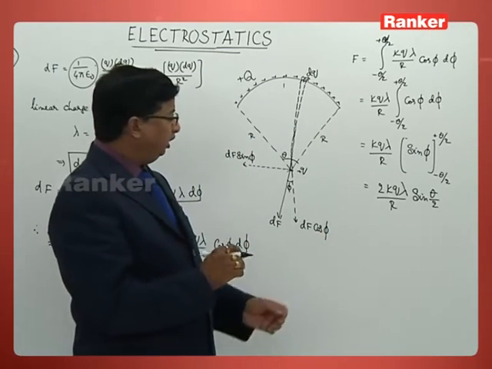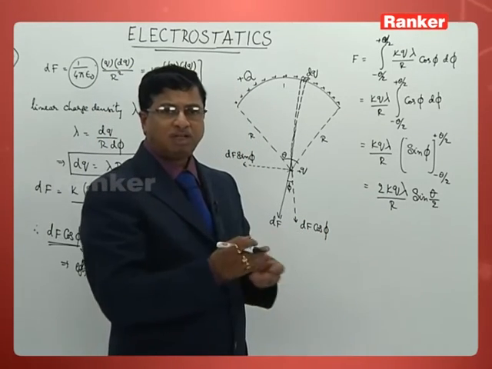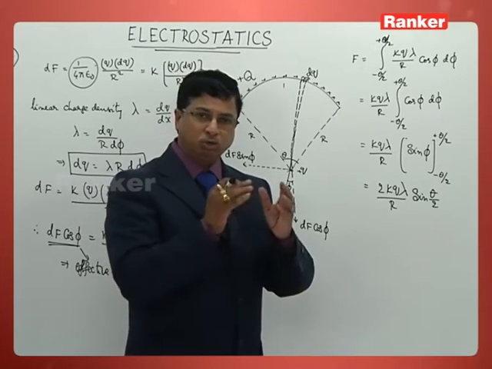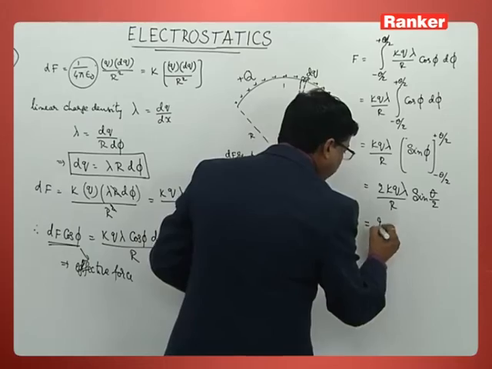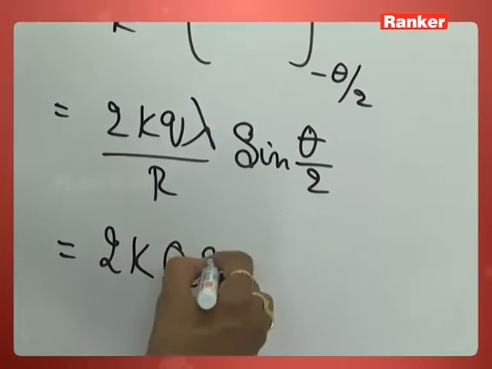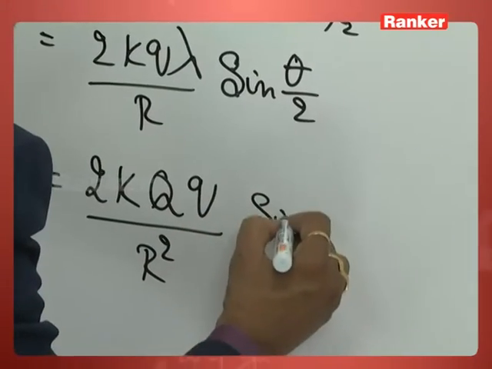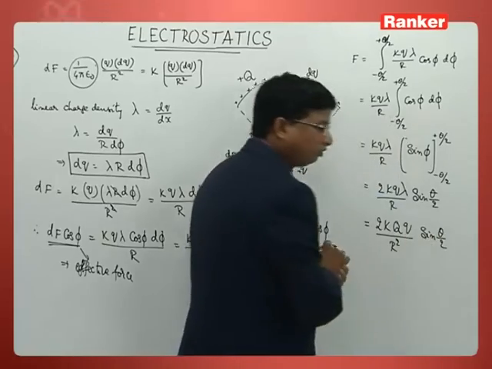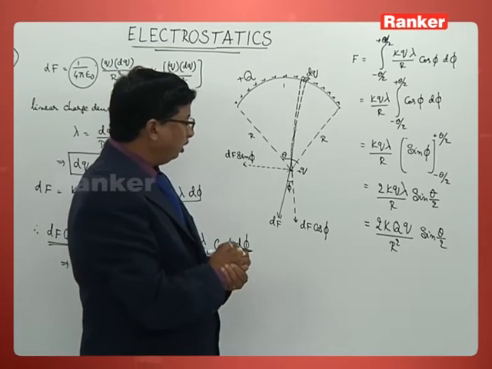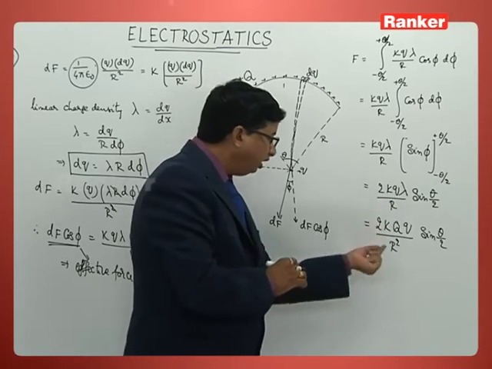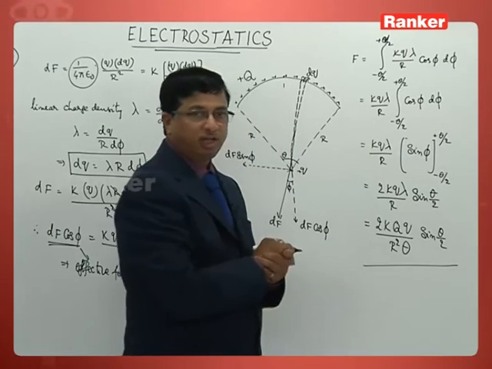If you look carefully, what is this value of lambda now? Lambda is nothing other than the value of q by r theta straight away. If I write that value over here, this now becomes 2k q into q by r square into sin theta by 2. Look at that equation carefully. And of course we know well that q by r theta we used to write for lambda. Therefore one more theta comes over there.